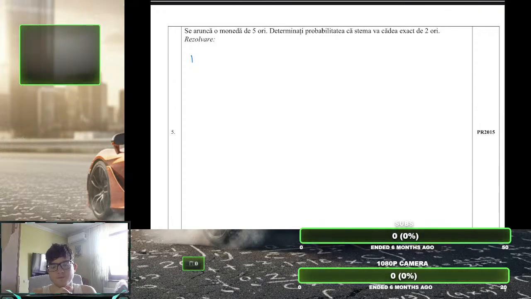We can denote that the heads sign is a check mark and the tails sign is X, and we can do 2 check marks and 3 X's, or 3 check marks and no, 3 X's and 2 check marks there at the end. Like right here.